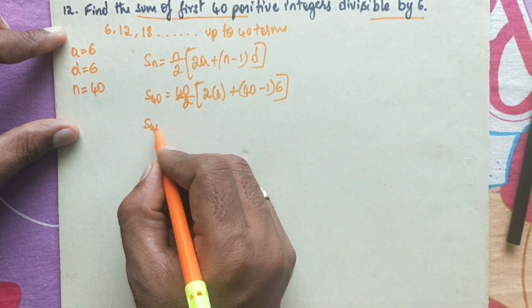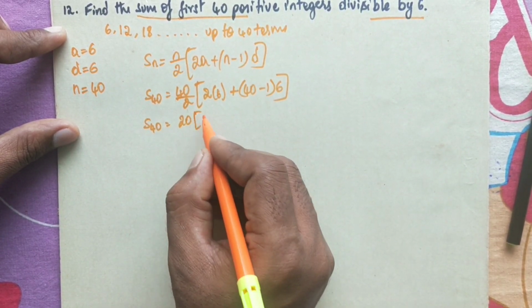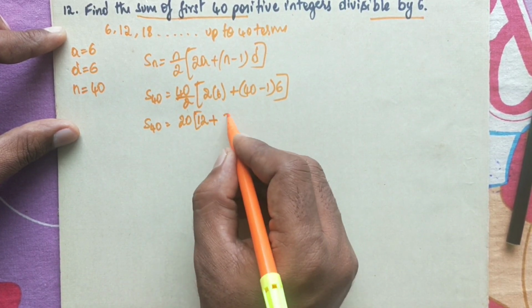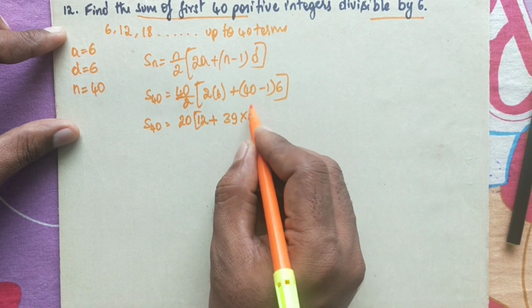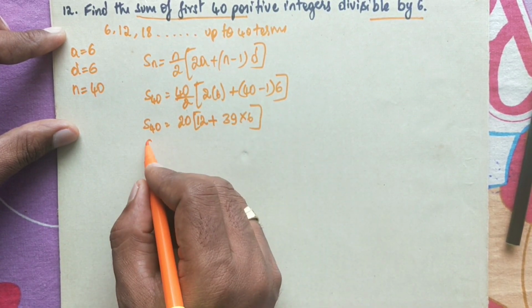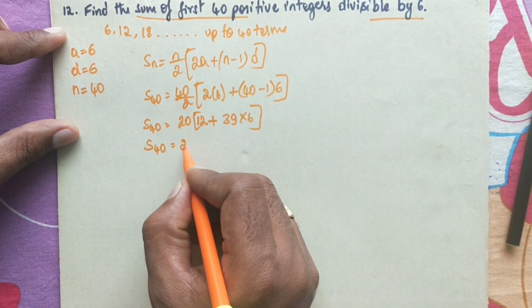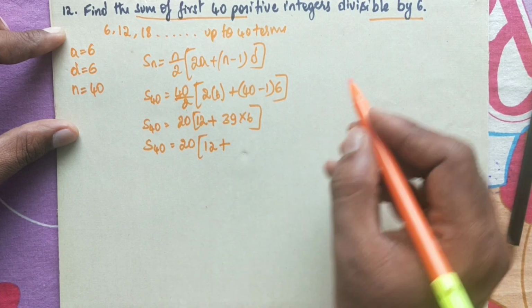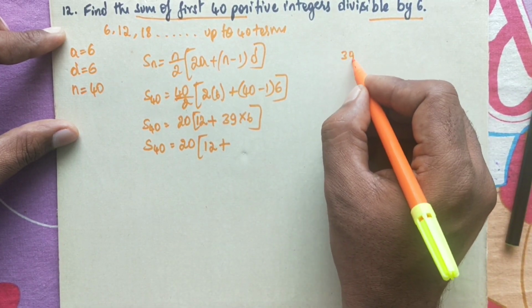So S40 is equal to 20 into 6 twos are 12 plus 39 into 6. 40 minus 1 is 39 into 6.